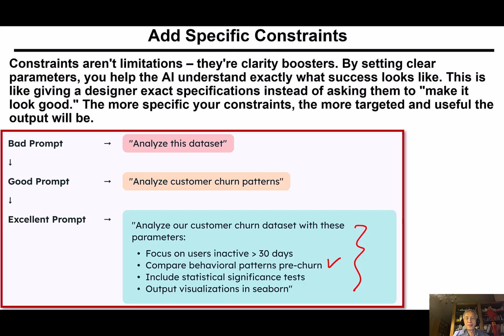Compare their behavior patterns before they churned. So you kind of have some kind of early warning signal. Okay, include statistical significance tests and do some data visualization using Seaborn, which is a Python library.